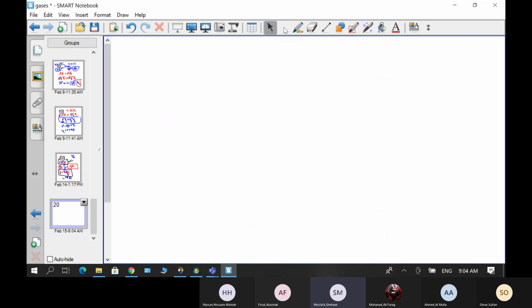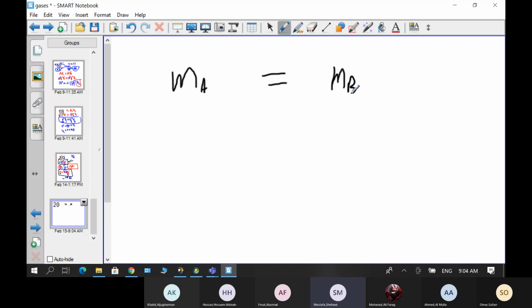We have two equal masses, MA equal to MB. Okay. And what is the relation between mass and density, Mohammed? Mass equal density times volume.